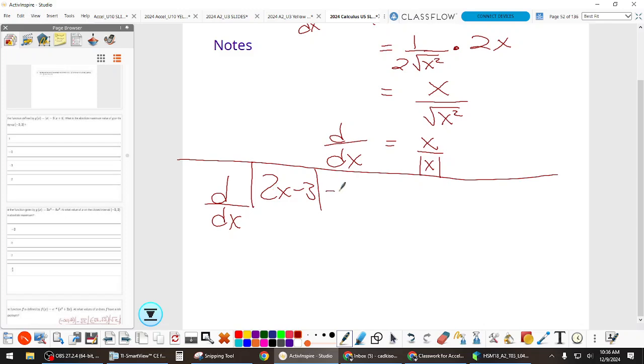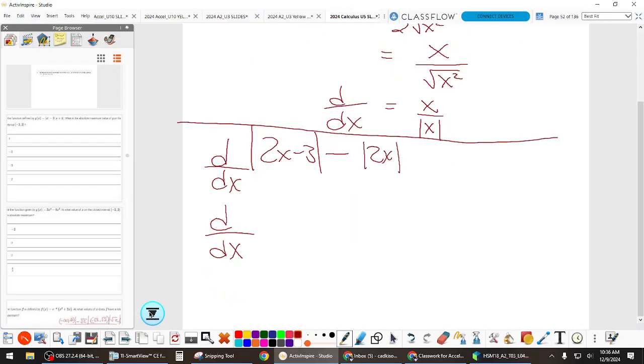And with the subtraction, you still use the sum or difference property of derivatives, so you take the derivative of each one. Do you guys want to try telling me before I write it? Think of U substitution and the chain rule is how we'll end up doing this.